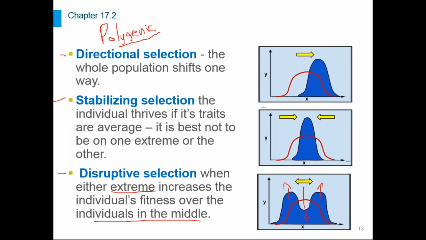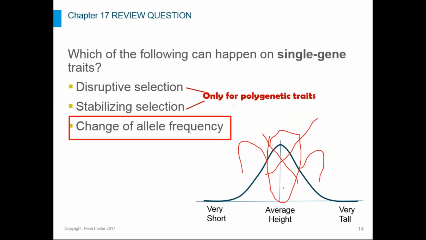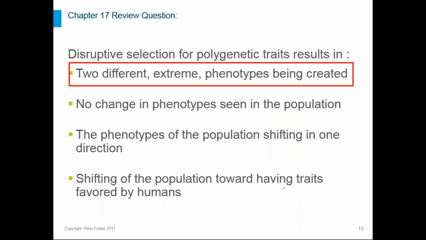So pretty much anything like that where it comes in a range where you would be measuring a number. So the example question: disruptive selection for polygenic traits results in two different extreme phenotypes being created.